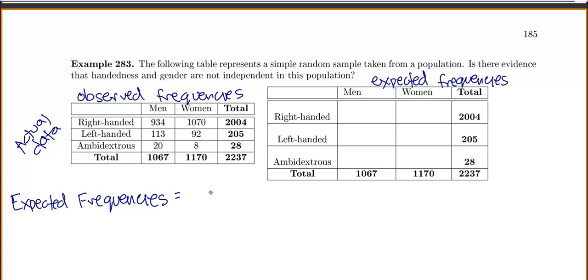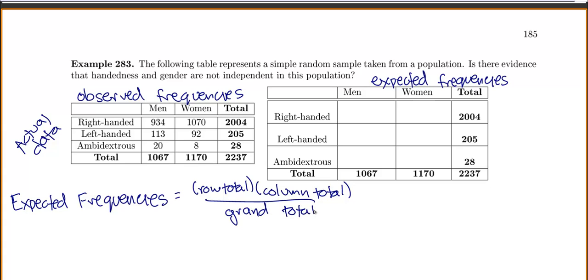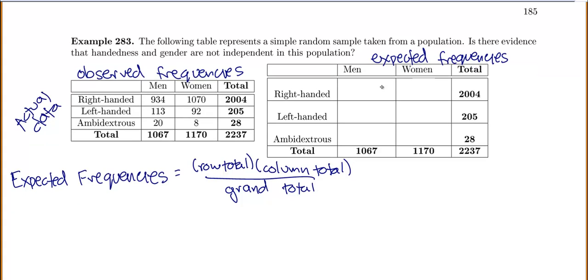And once again, to find your expected frequencies, you're going to do the row total times the column total divided by the overall total, or the grand total. Notice we have 6 different cells, so you need to do that for each one.